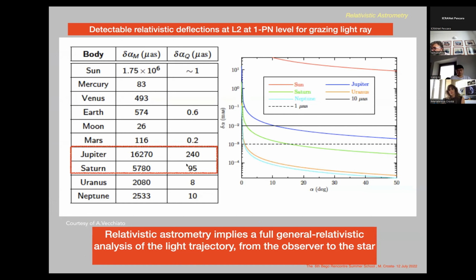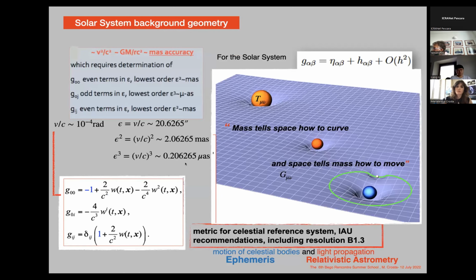For this reason, we need to develop a full relativistic analysis of the light trajectory from the observer to the stars. Of course, the metric that we use for data analysis and processing of Gaia is the one given by the IAU resolution, which implies the post-Newtonian approximation of the field solution of the Einstein equation for the solar system.